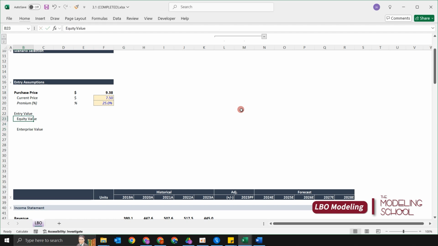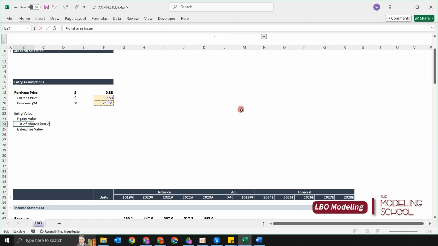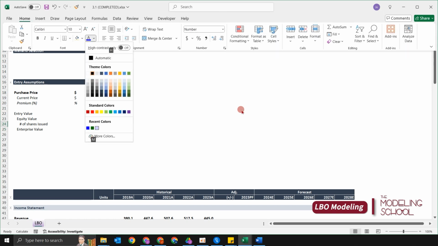And in order to calculate equity value, we need number of shares issued. 25 million shares were issued for this company.